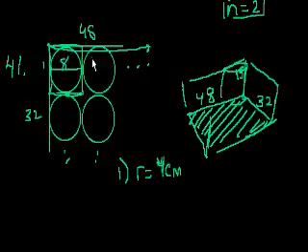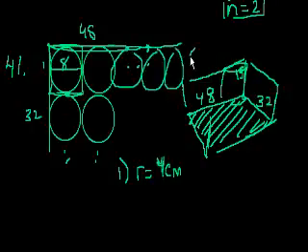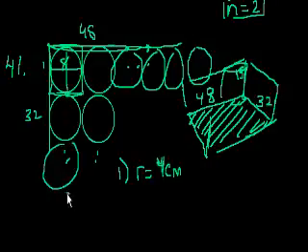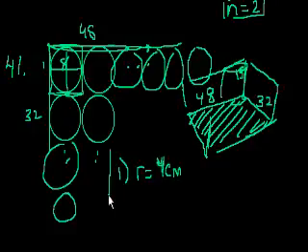So if this is 8 and you have a 48 length, you can only do 6 of these. 6 times 8 is 48. And if the diameter is 8 this way, and this length is 32, you can only do 4 this way. So statement number 1 alone is enough to figure out how many you can put.